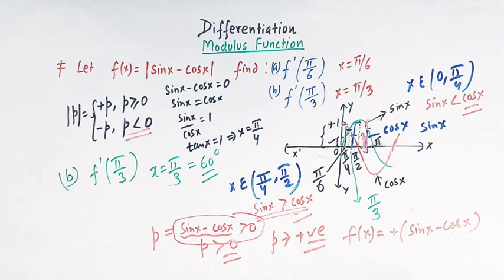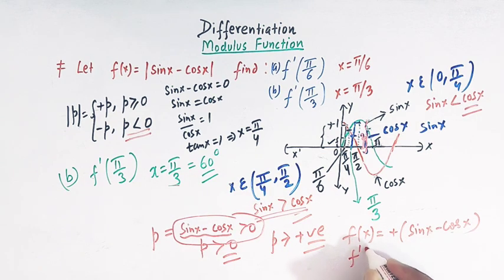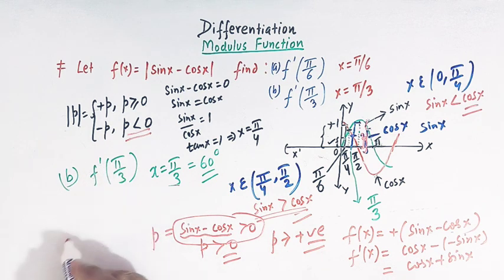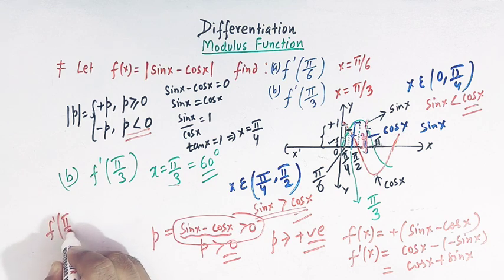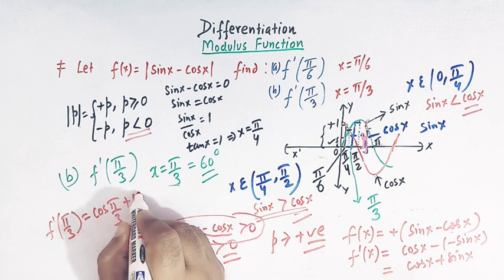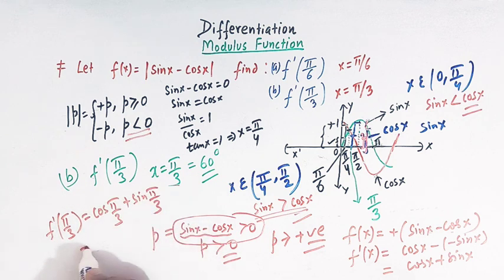So now differentiating both sides with respect to x, we have f prime of x is equal to cos x minus sine x, because the derivative of sine x is cos x, derivative of cos x is minus sine x. So this is cos x plus sine x, right? So now f prime of pi by 3 is equal to cos of pi by 3 plus sine of pi by 3, and this is cos 60 degrees.